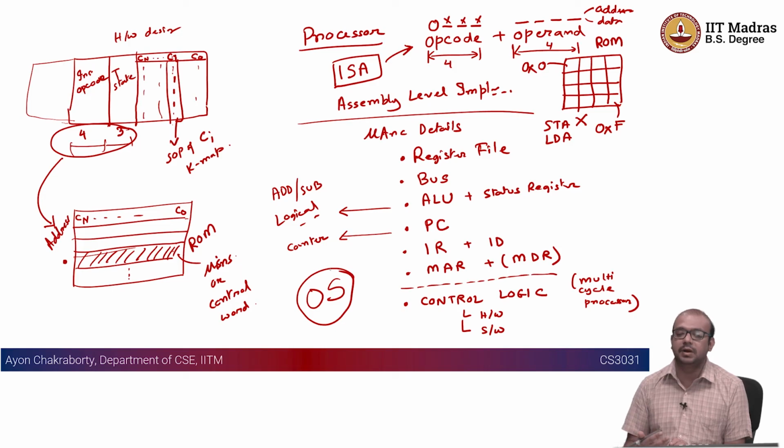We want the maximum utilization of the CPU and maximum utilization of the memory, such that every program is going to give you a better performance in terms of latency, in terms of interactivity, right? So if you are having an input output system, it has to be responsive and so on. Those are the things that are going to be covered in the OS course if you register for that.